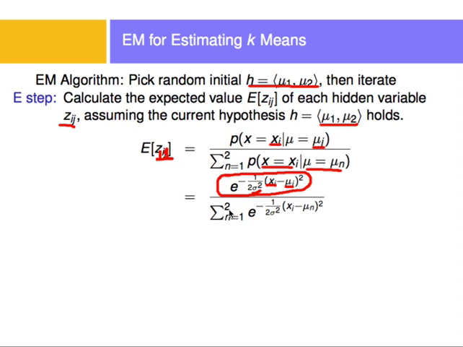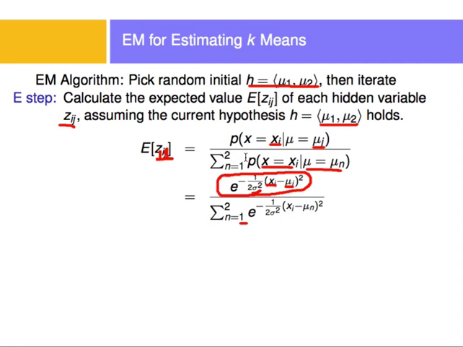And then we divide that by the sum of this number with this standard deviation for all possible means that we have, all possible Gaussians. In this case, it's only 2. So we go from 1 to 2. Okay, this is how we compute the estimation that the element i came from distribution j.